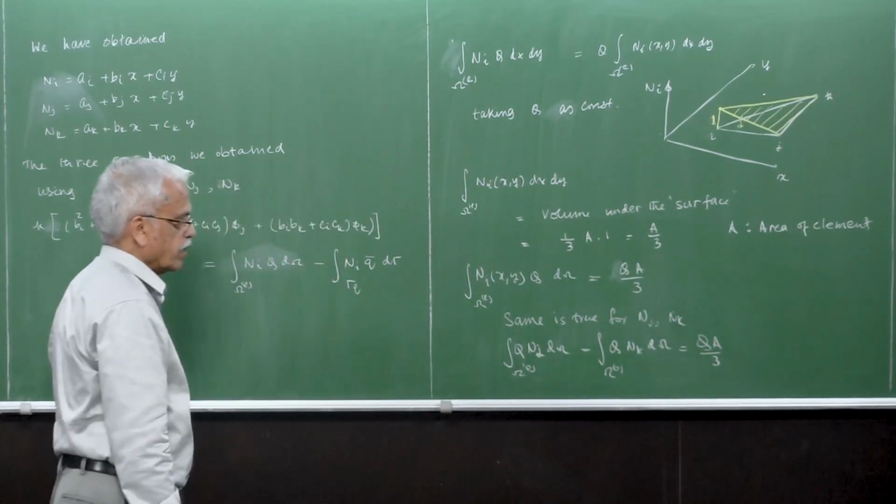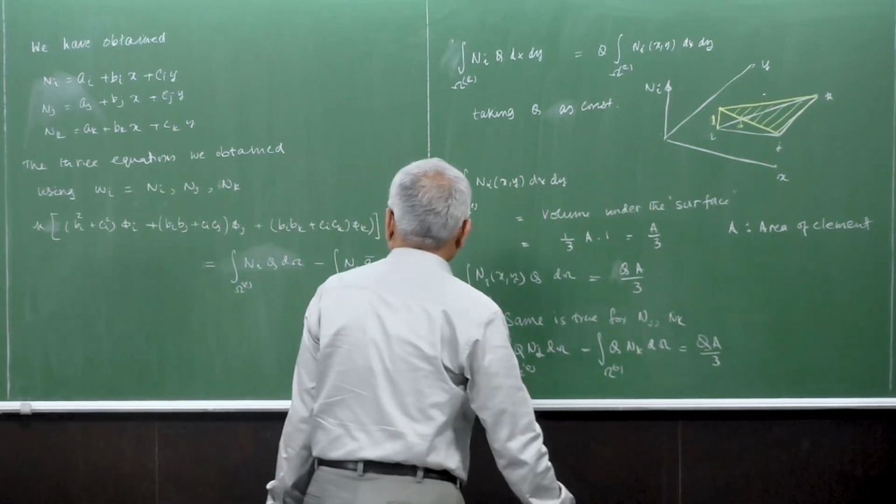They all become QA by 3, which we will be using a little later.